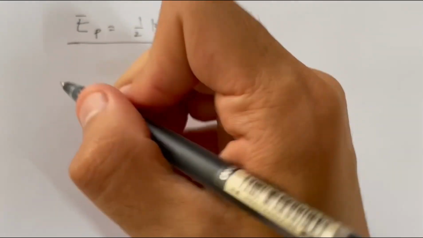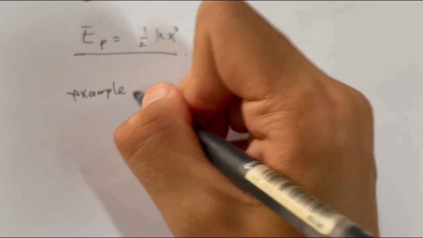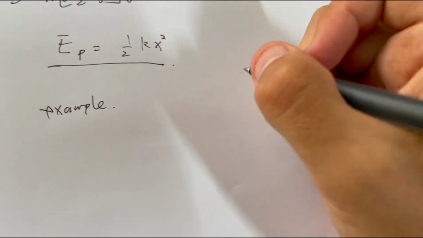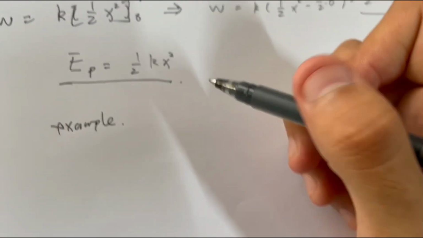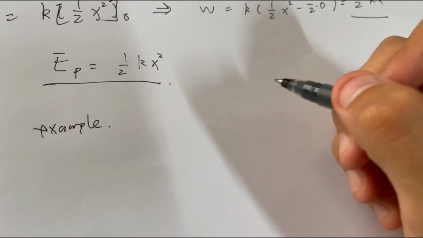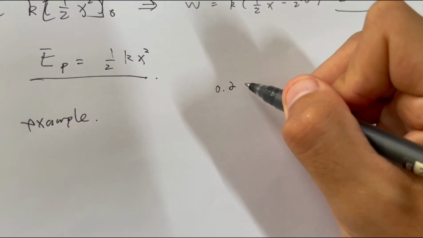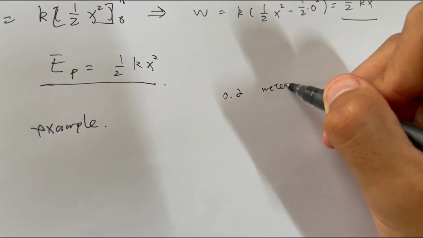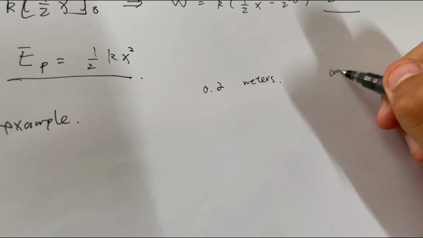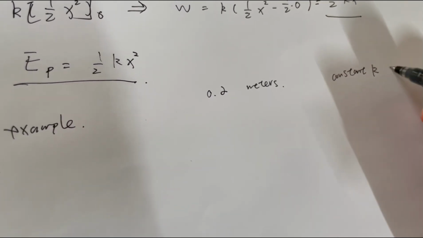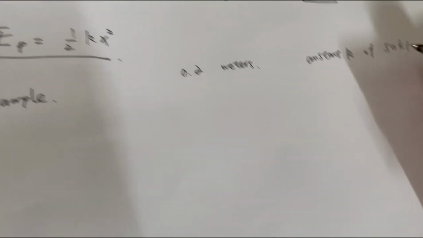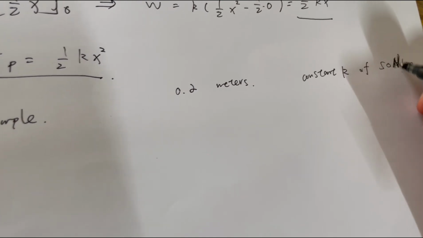Let's use an example to solidify our understanding. Suppose a spring is stretched by 0.2 meters with a spring constant of 50 newtons per meter.